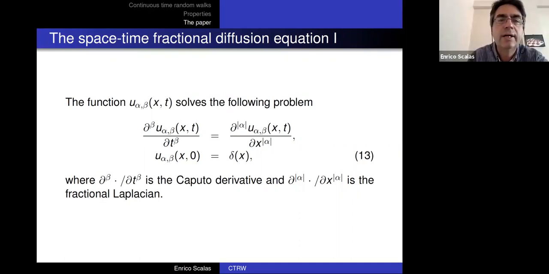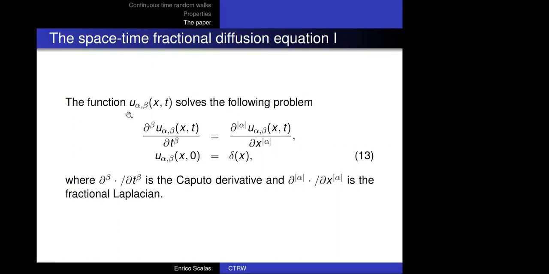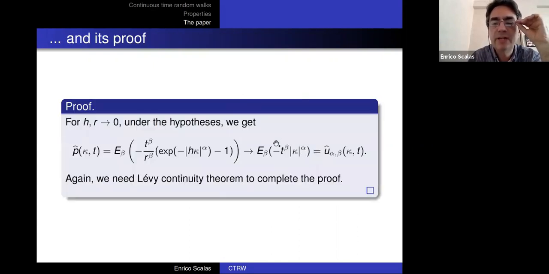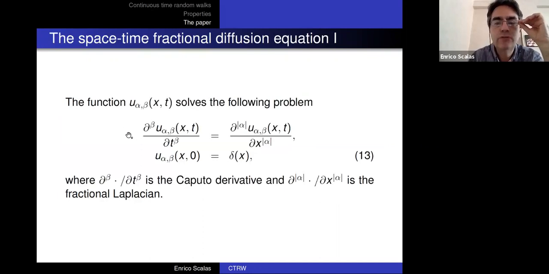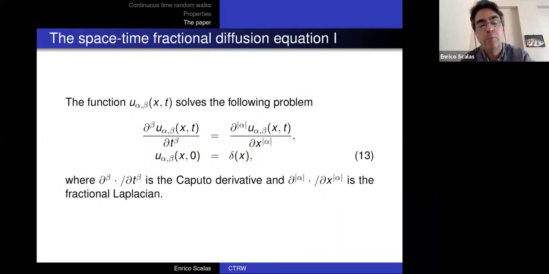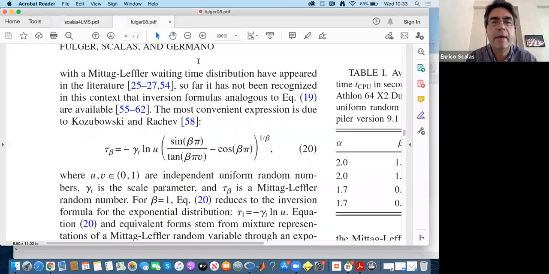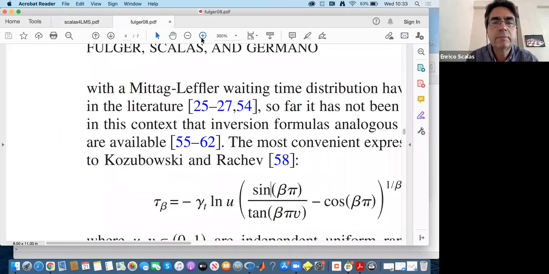Yes. And so what I wanted to say is that this function, whose Fourier transform we obtained here, is the solution of this problem. And now we have to say something about this problem. What is this problem? I have not put the definition of the operators in the presentation, but you find the definition of the operators in the paper.